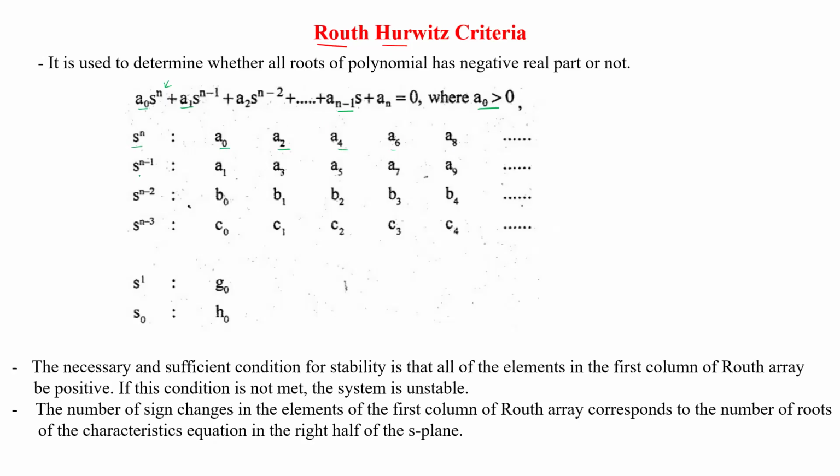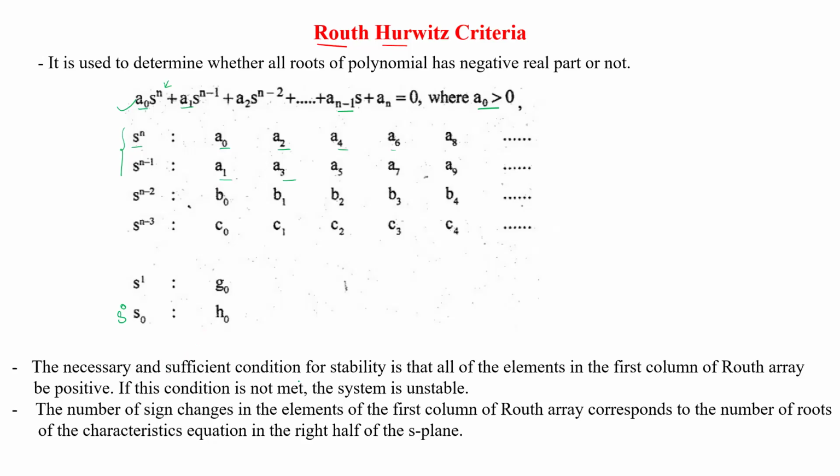Similarly, for the next lower order, s to the power n minus 1, the odd coefficients a1, a3, a5, a7 and so on are written. These first two rows we write on the basis of the characteristic equation, and the remaining values we write using determinants. We continue up to the row with exponent 0. Let us see how this is important.